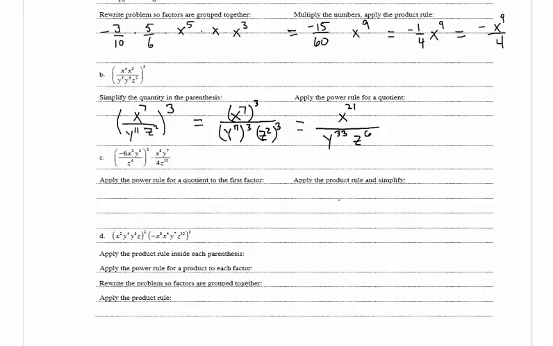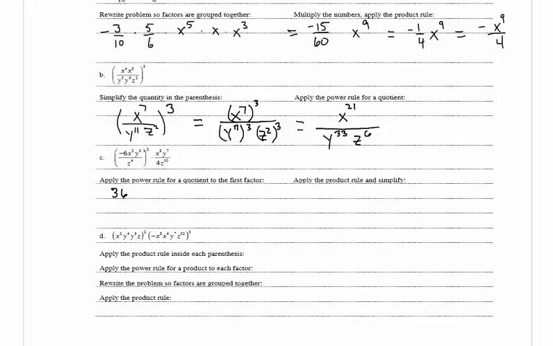In C, we have negative 6 times x squared times y cubed divided by z to the fourth, all squared, times x cubed y to the seventh divided by 4z to the 10th. And the first thing it wants us to do is apply the power rule for a quotient to the first factor. So we're going to square everything in the parentheses, and we have negative 6 squared is equal to 36.